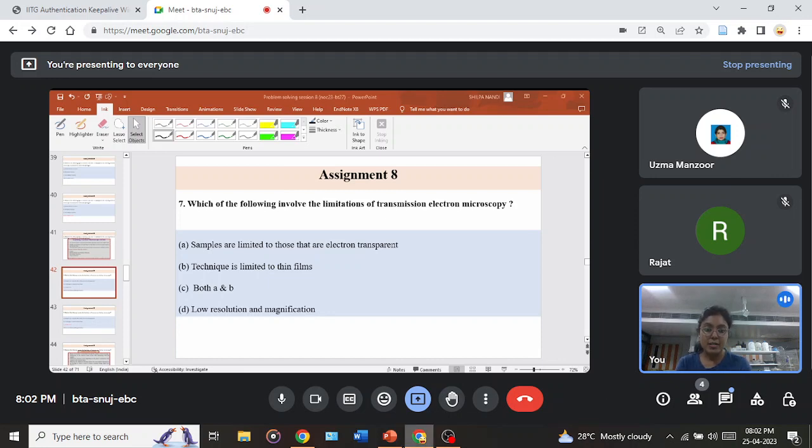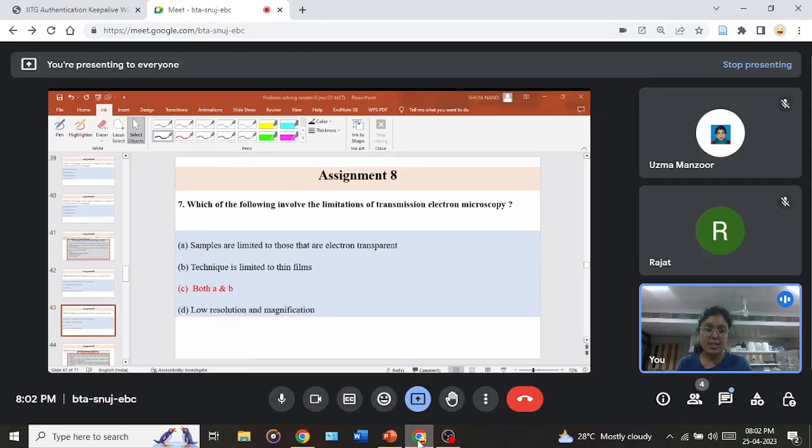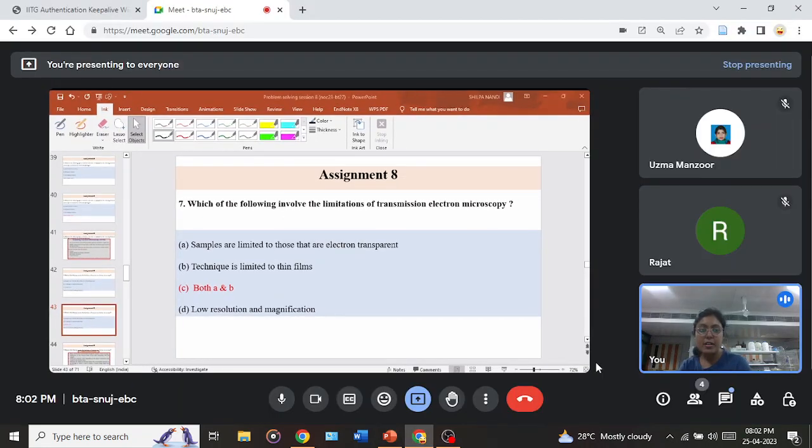So the correct answer, yes, you guessed it right, is option C, that is both A and B. Both A and B are the limitations of transmission electron microscopy. Obviously raw resolution and magnification is not the correct limitation in case of TEM, because it has high resolution as well as magnification, right?